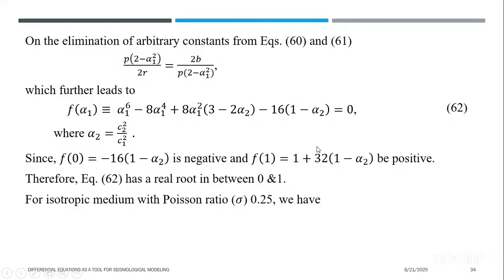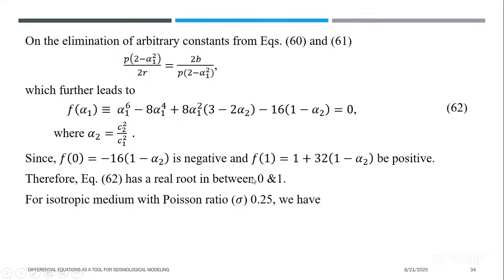F1 is a positive quantity. So definitely a root will be lying between 0 and 1. And we are interested in 0 and 1 because we know that the Rayleigh wave speed is lesser than both C2 and C1. So C3 by C1 or C3 by C2 is between 0 and 1, but what exactly it is, we are very much interested. That's why we checked in the 0 to 1 interval.